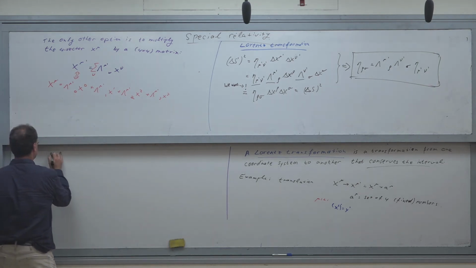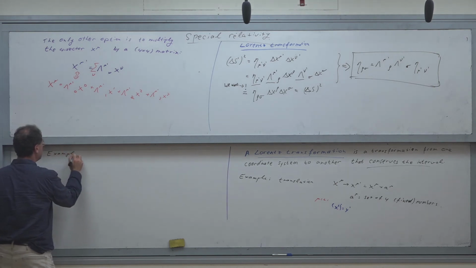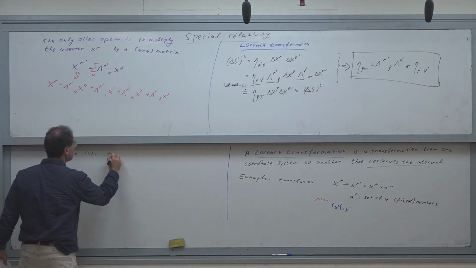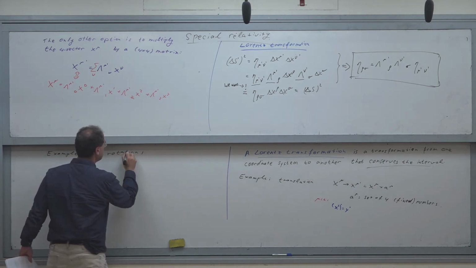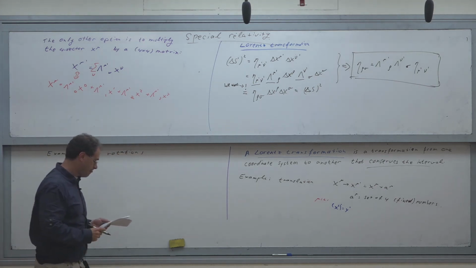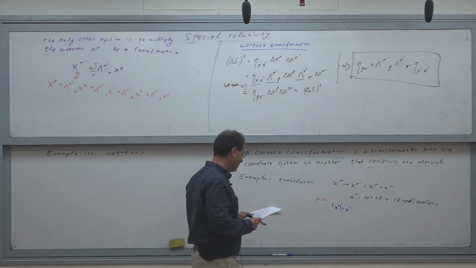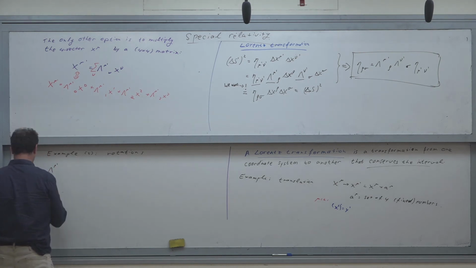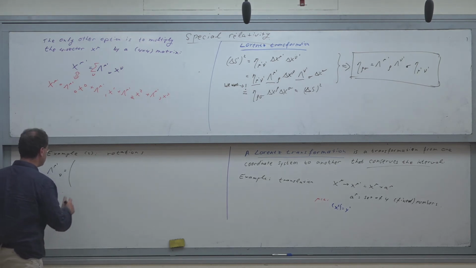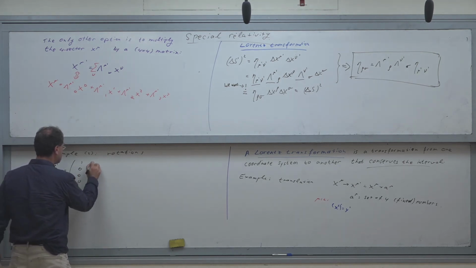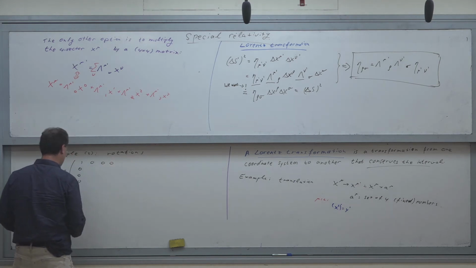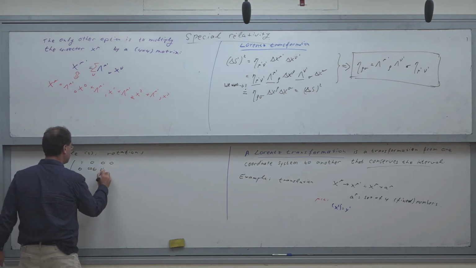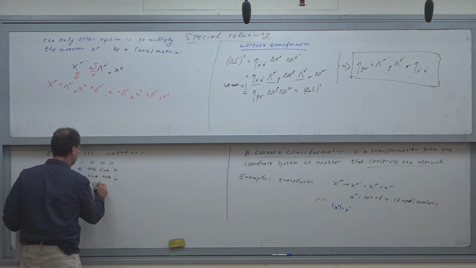So, example 2, rotations. For example, a rotation in the xy plane around the z-axis, I'd write down as lambda mu prime nu is just 1 in the time, then we'll have cosine theta, sine theta, minus sine theta, cosine theta, 0, 0, 0, 0, 1.